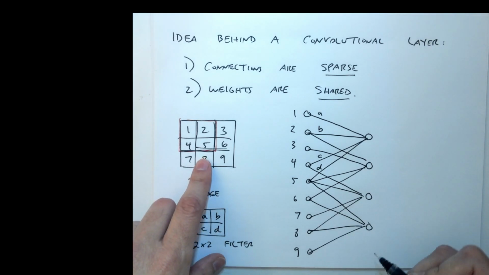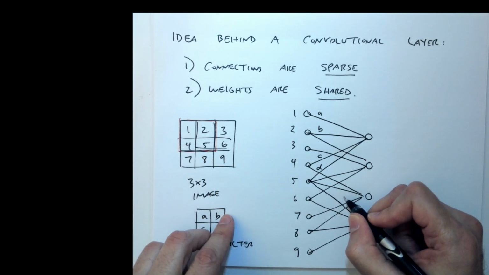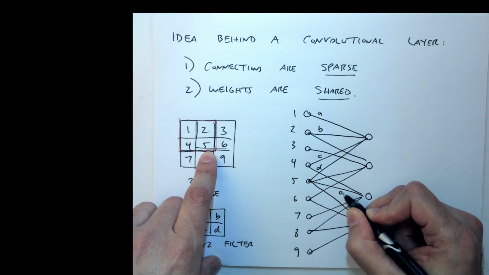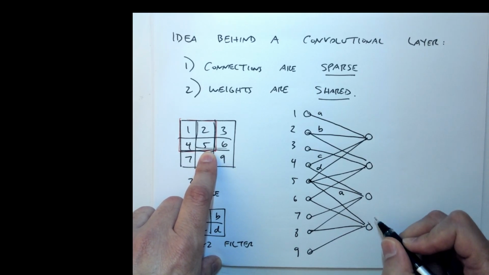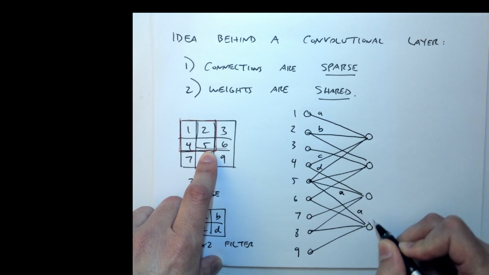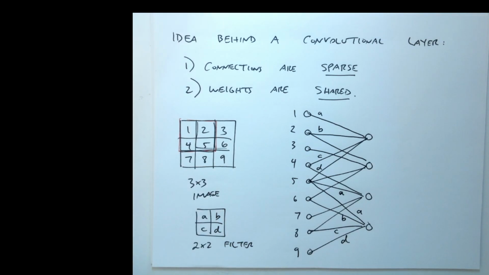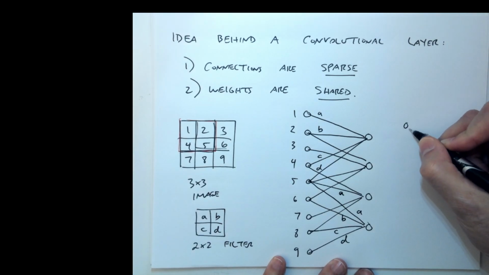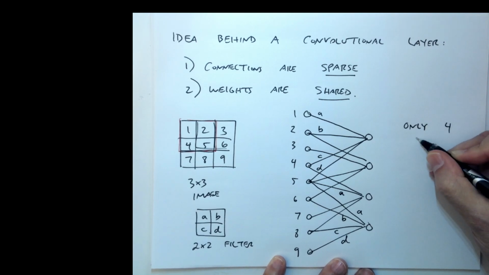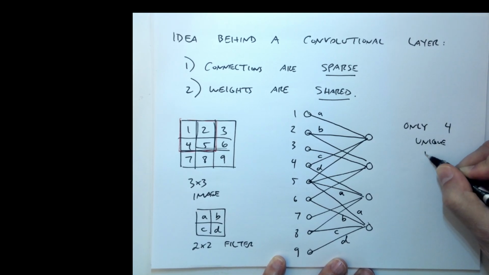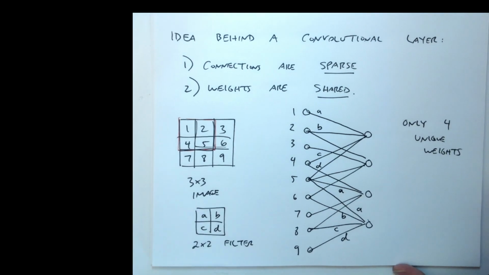And again, these are shared numbers. So here, the connection has weight of A from 5 to this node. A, B, C, D. So the idea is that there are only 4 unique weights. Even though it looks like there's lots of lines between the layers, I'm only learning 4 numbers.